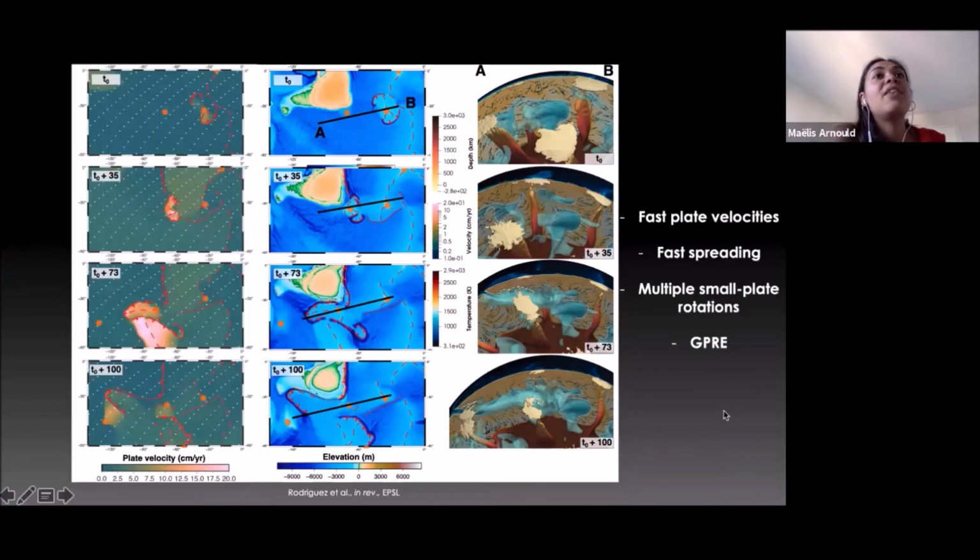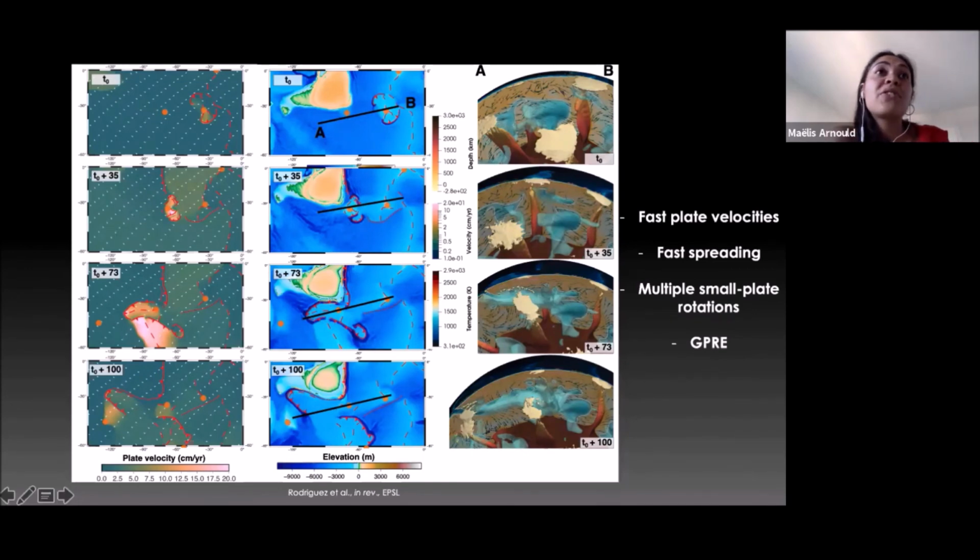And so if we look at the surface velocity patterns that are associated with these mantle plume-induced subductions, we can also see that we can create fast plate velocities associated with these events, fast spreading rates, multiple small plate rotations, and regional reorganization events of plate boundaries and motion.